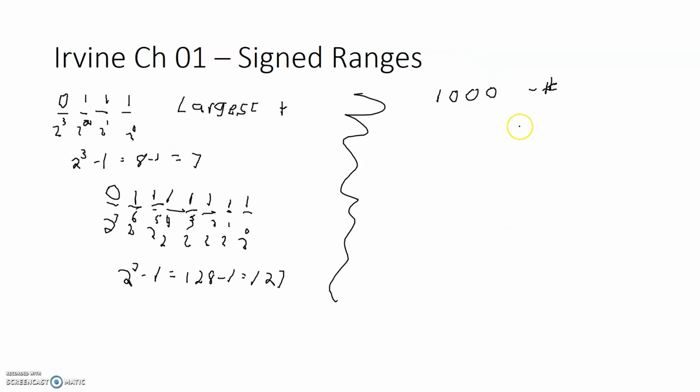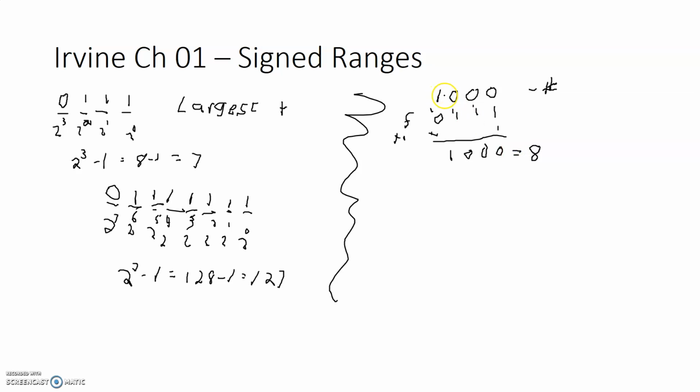So if I do the flip first, 0, 1, 1, 1, and then add 1: 1 and 1 is 0, carry the 1, 1 and 1 is 0, carry the 1, 1 and 1 is 0, carry the 1, and then we have 1. So as a positive number, this is an 8.